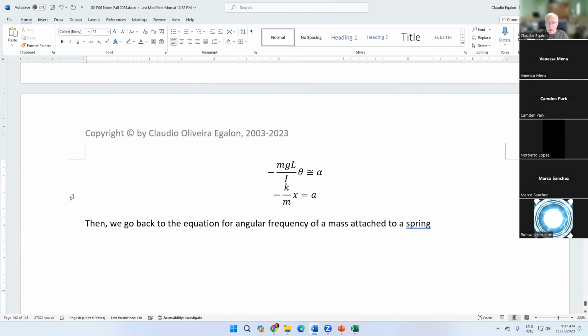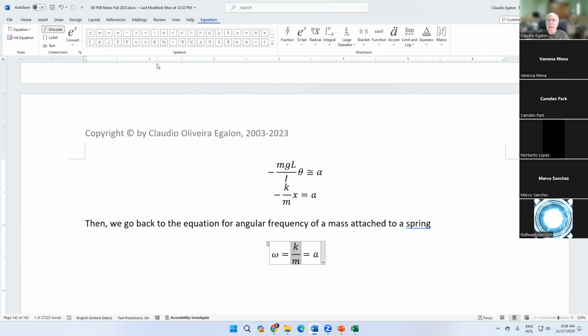The angular frequency, which we called omega, is equal to what? Square root of K divided by M.